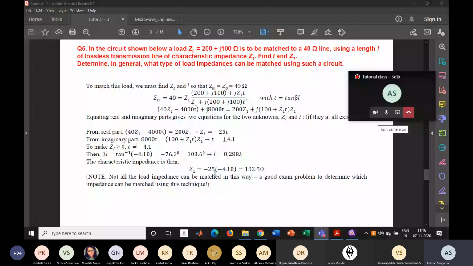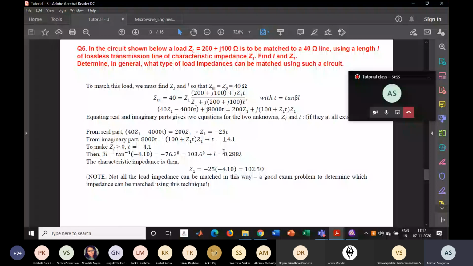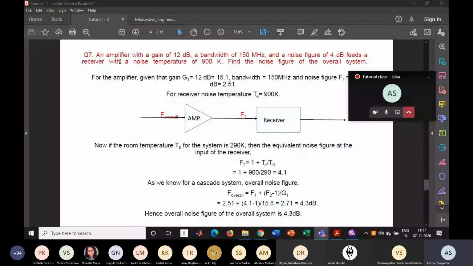Now moving towards the seventh question. This question and the upcoming one are related to amplifiers and nonlinear properties, that is, noise figure and other things. The first question is an amplifier; you can see the diagram here.